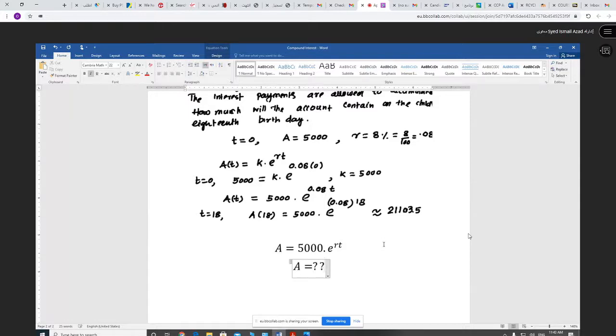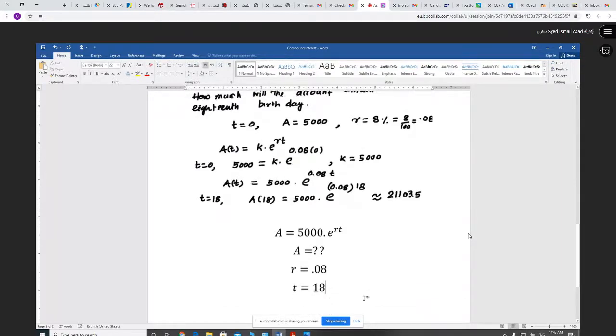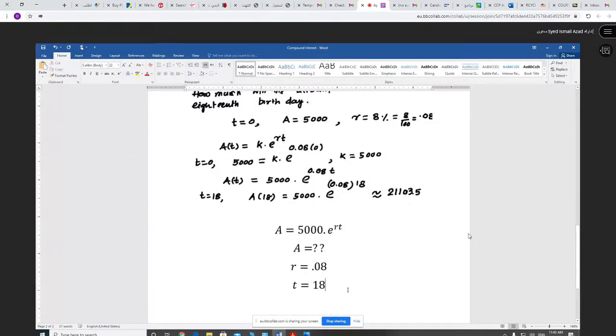What we know is the value of R, which is 0.08, and the amount you want to calculate is after how many years? 18. See, this is what my problem has reduced to.